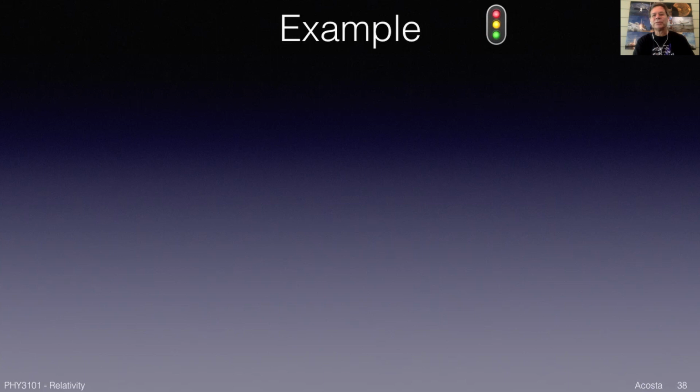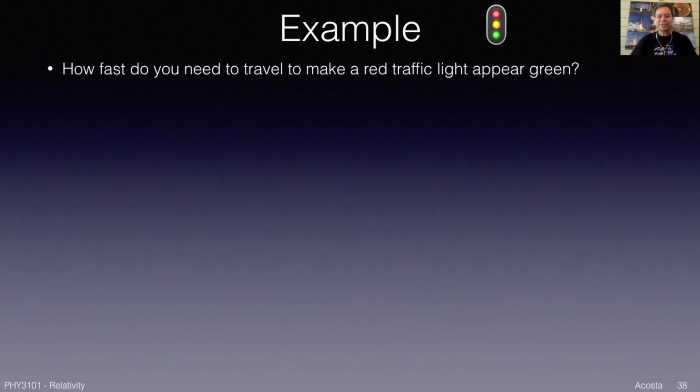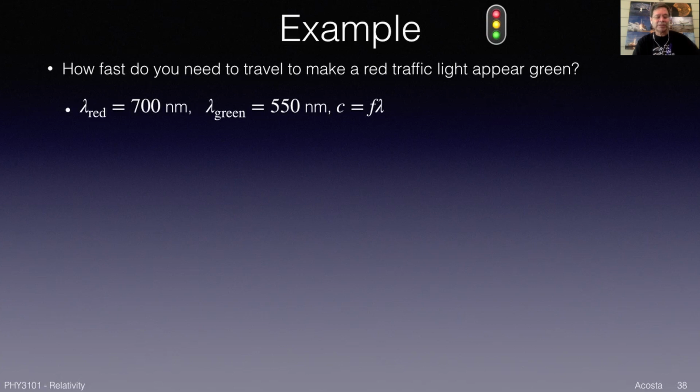All right, so it's going to be an example with a traffic light. How fast do you need to travel to make a red traffic light appear green? Change the color of the light. Now I need to give you some information. Red lights, or at least the red color, has a wavelength of about 700 nanometers.